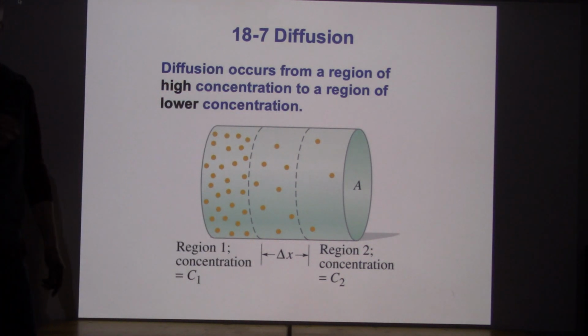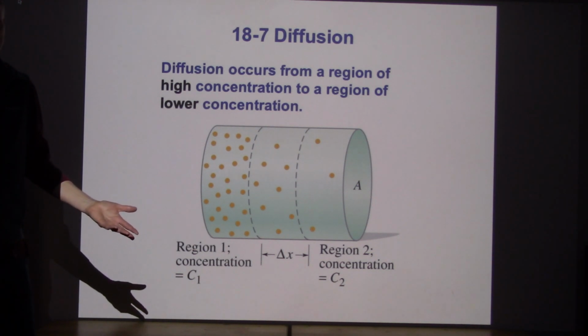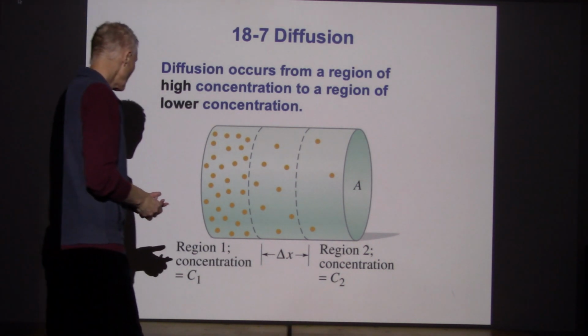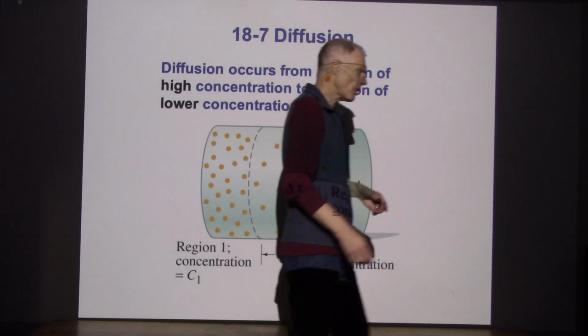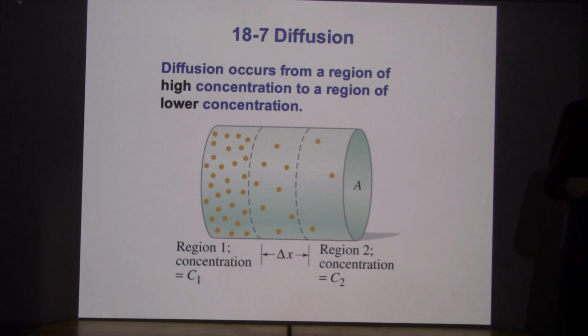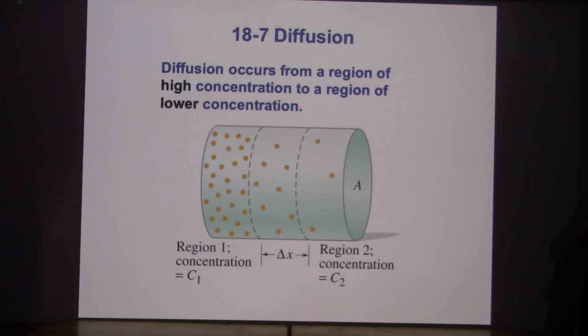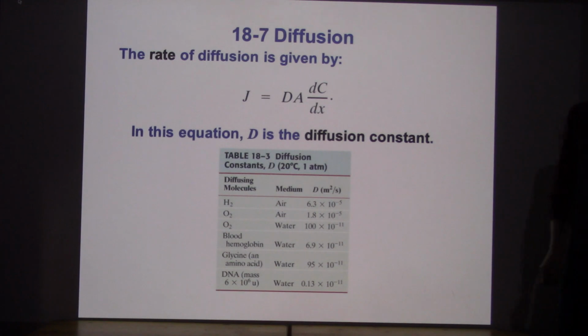So just by random motion, mixing takes place, but the mixing takes time. It's not going to happen immediately, but these concentration gradients will go away if given enough time due to diffusion effects.